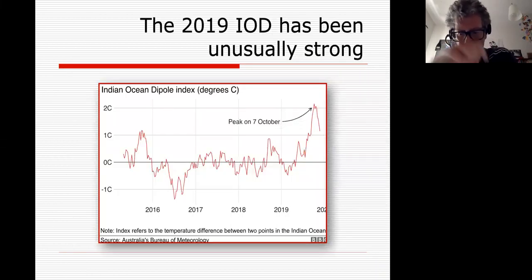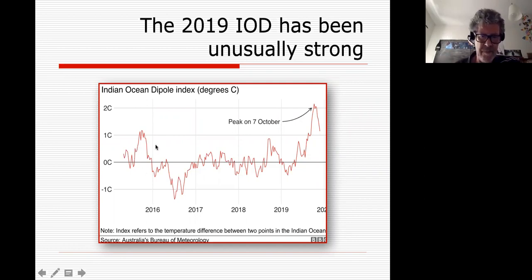This is a plot of recent years of the Indian Ocean dipole. For a large part of the period, the anomalies are below 1 degree Celsius.